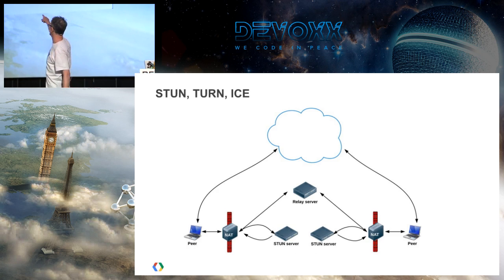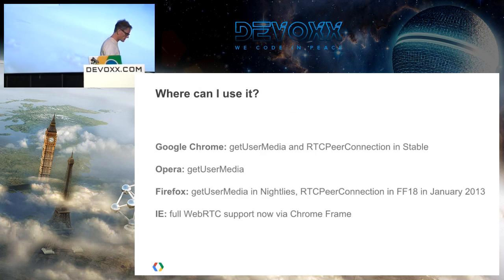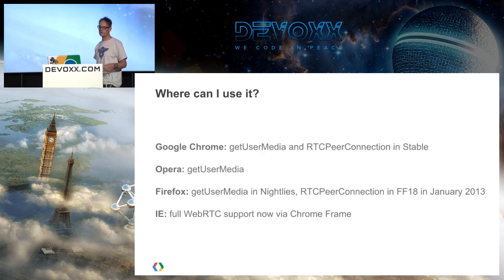And the way it does that is to go via one of these relay servers. The nice thing about the TURN and STUN servers is that they're actually pretty dumb. They don't have to do a lot. So there's not a huge requirement for those to be beefy machines taking a lot of work.